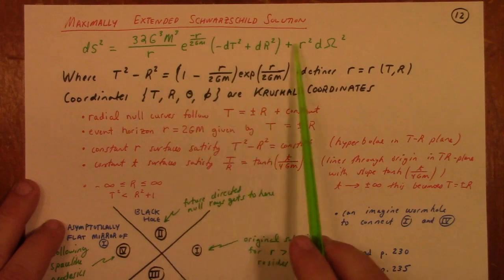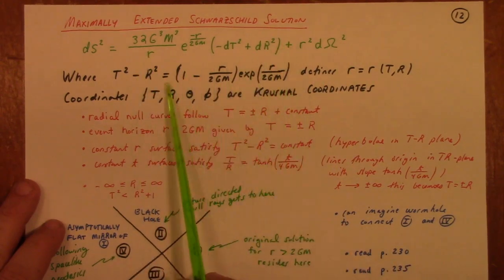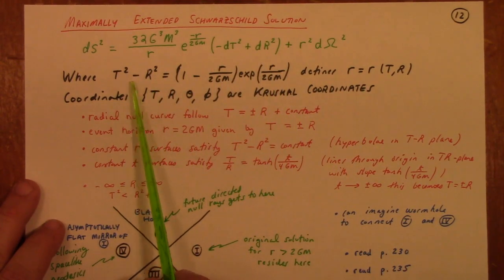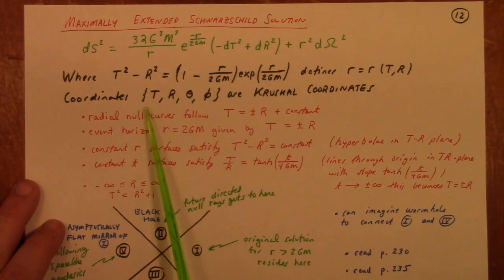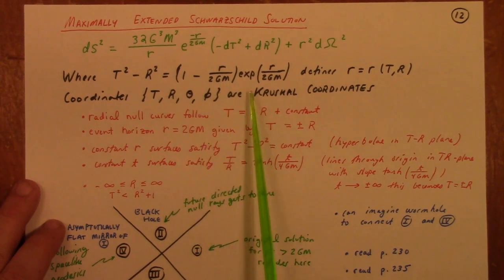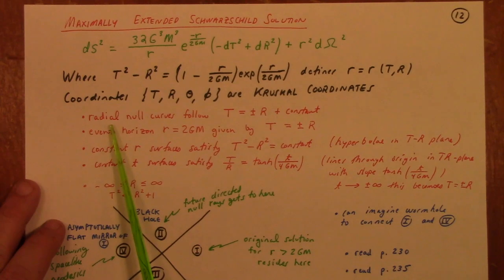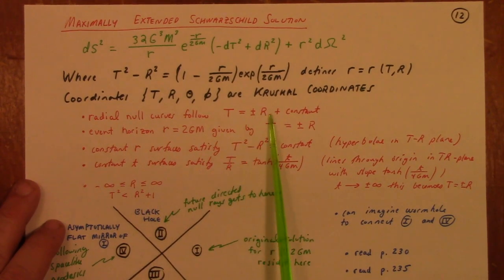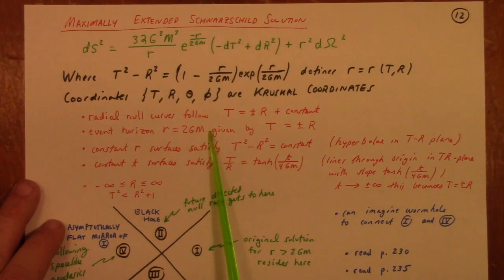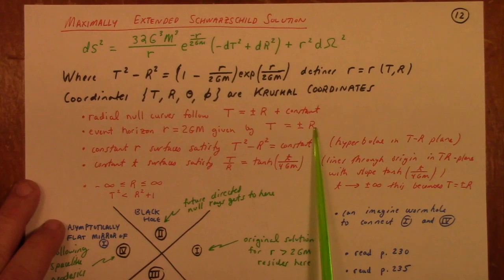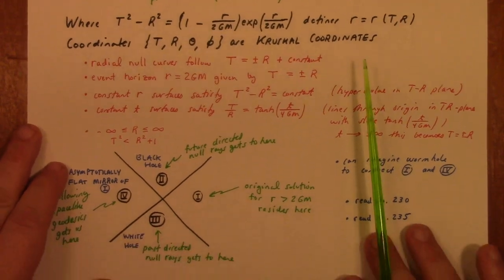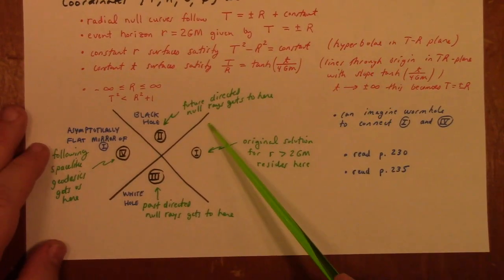So this is the metric in the Kruskal coordinates, and T squared minus R squared is equal to this. So your coordinates T, R, theta, phi are the Kruskal coordinates. Here's the cool thing. The radial null curves follow T equals plus or minus R plus a constant. The event horizon in this coordinate system is just the lines T equals plus or minus R. So the event horizon is this.